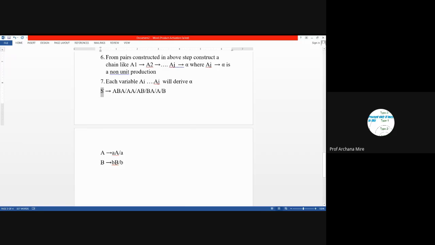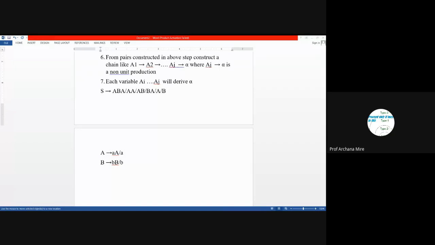There exists a production rule, capital S leading to capital A. There is a single non-terminal on the left hand side of the arrow and a single non-terminal on the right hand side. This is our unit production.